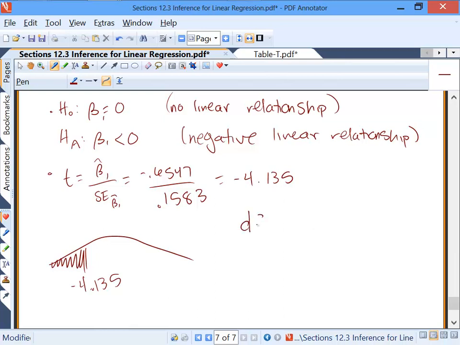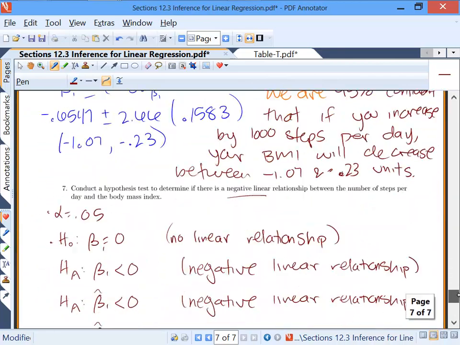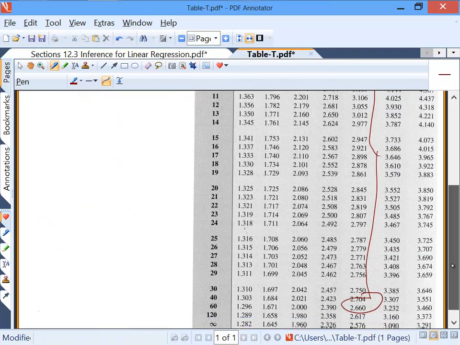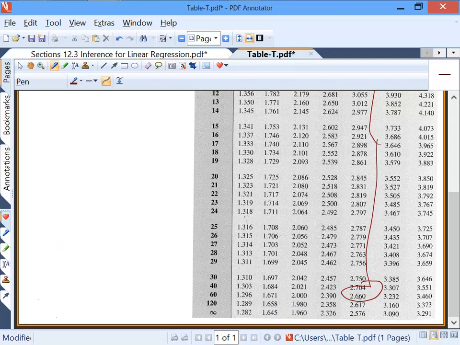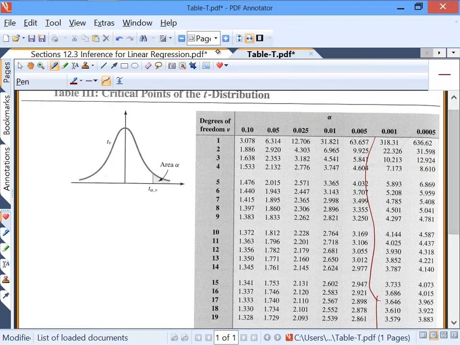Once again, we need degrees of freedom, which is n minus 2, and n was 100, minus 2, which gives me 98. So looking at our t-table, once again we have to round down to 60 degrees of freedom, and we're looking for 4 point something, which puts me up over here off the chart, so my p-value is less than 0.0005.